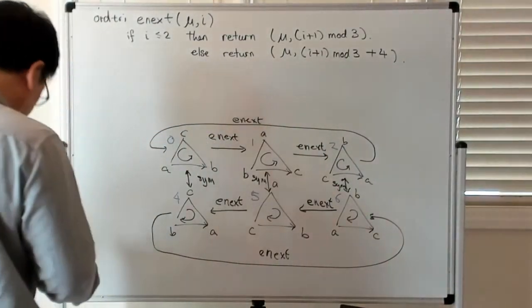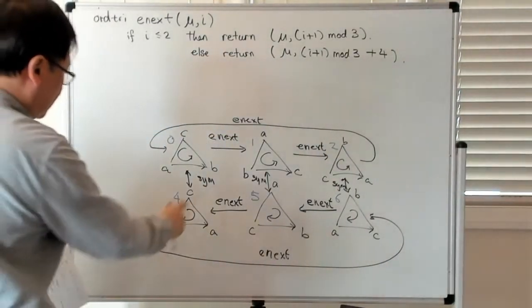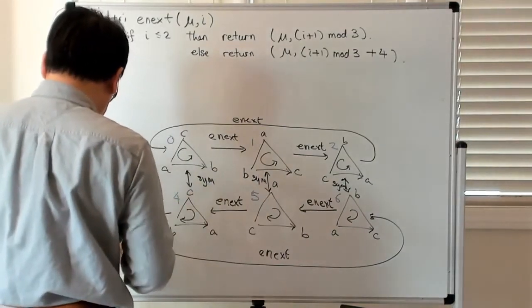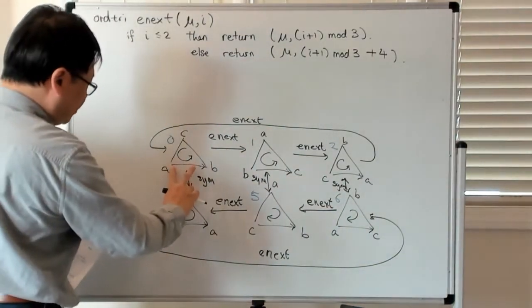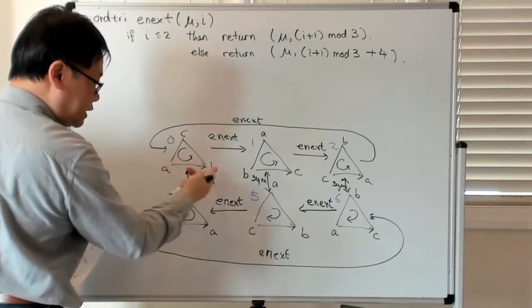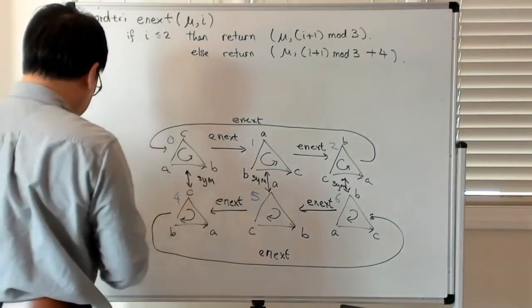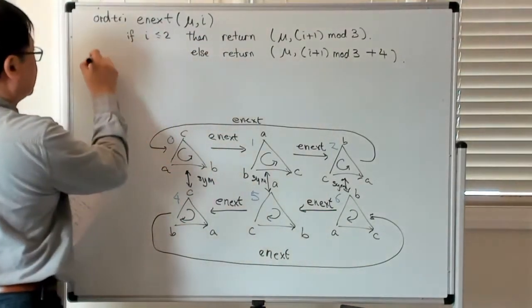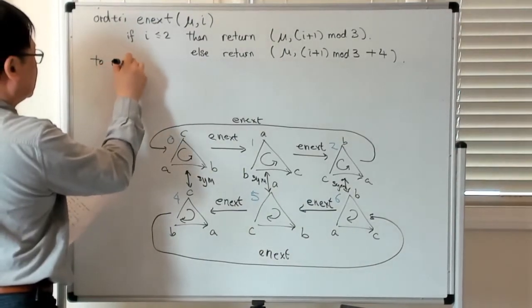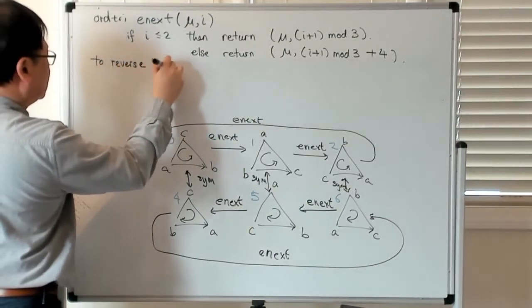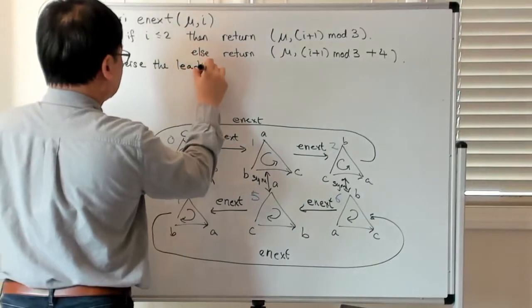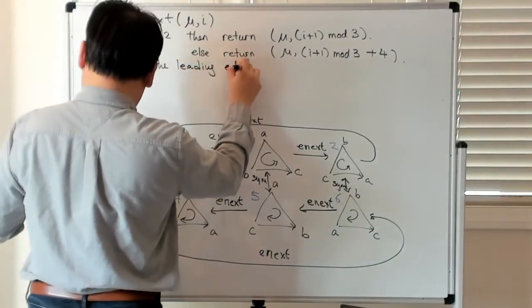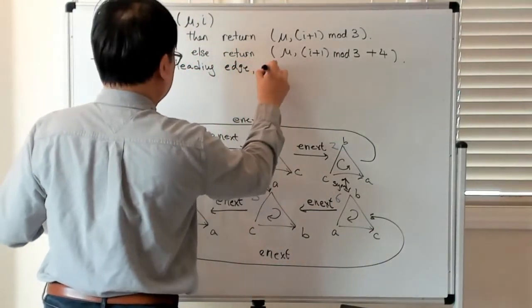Okay, so that gives you the eNext, and then let's look at what the sim operation does. The sim operation is basically reversing the order at this leading edge. I've labeled this leading edge. So to reverse the leading edge, we flip the first bit.